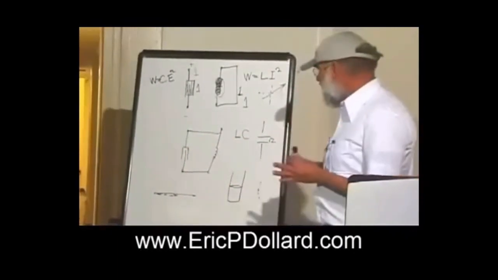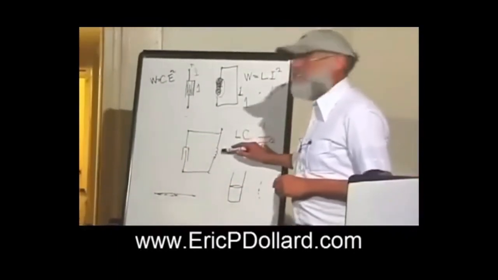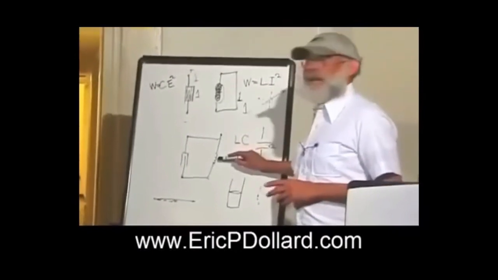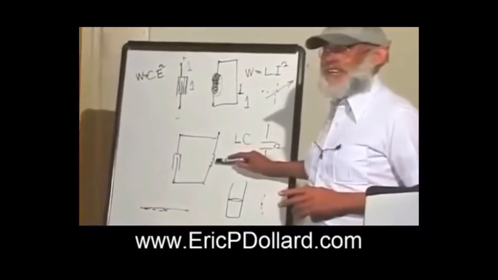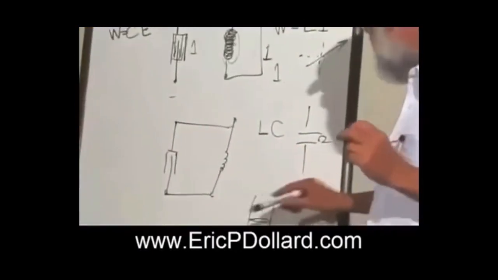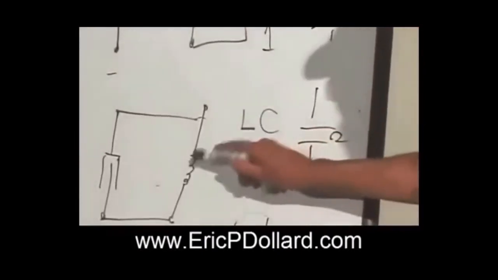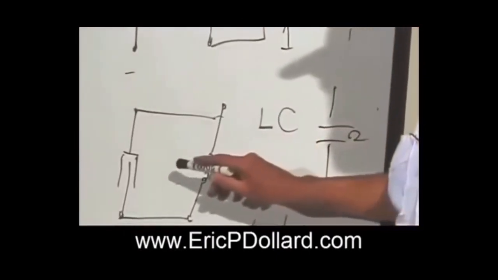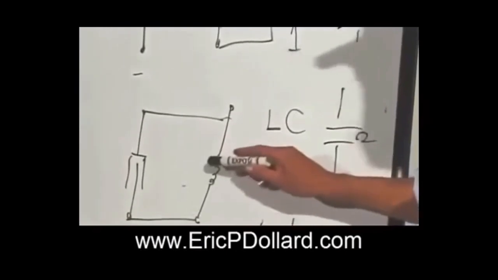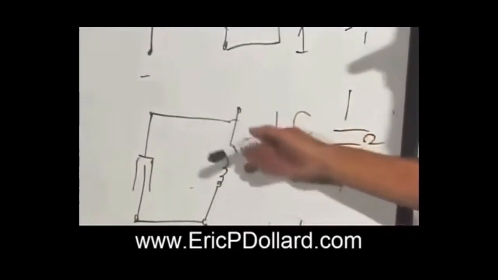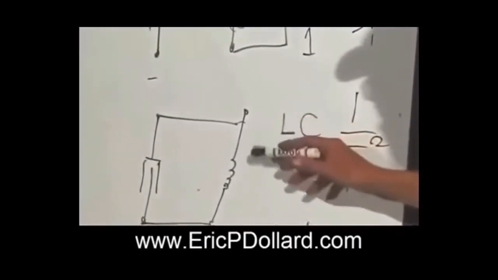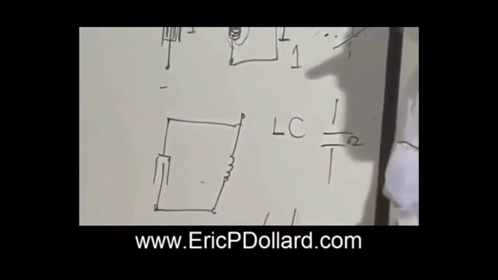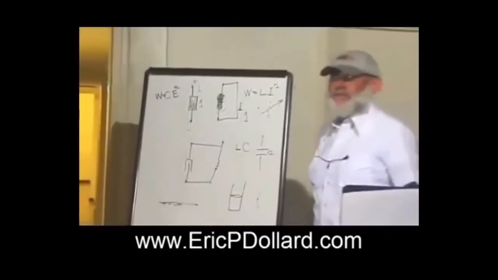But what Tesla did is Tesla took the coil, which has capacitance, and he found the frequency where the capacitance of the coil itself matched the inductance, what's called a resonant process. And at that point, the coil turns into this monopolar transformer. It's that simple.